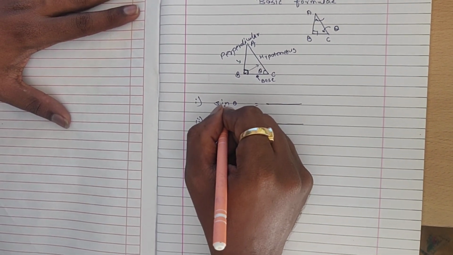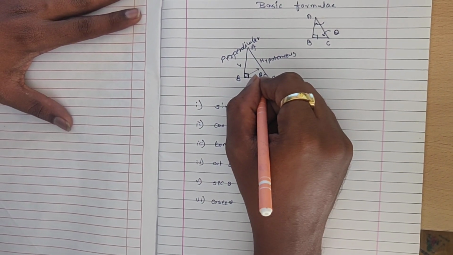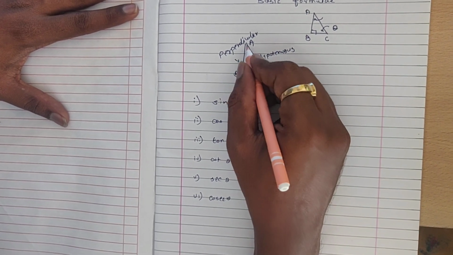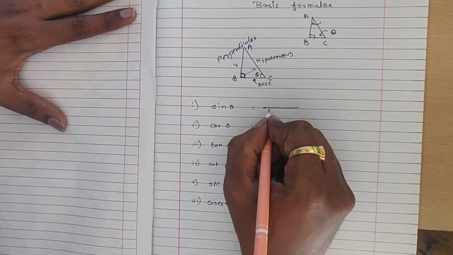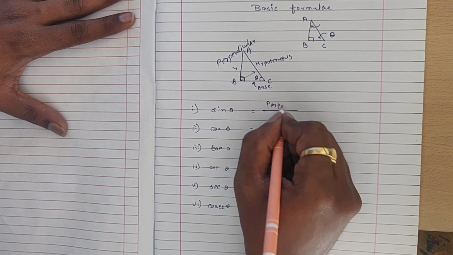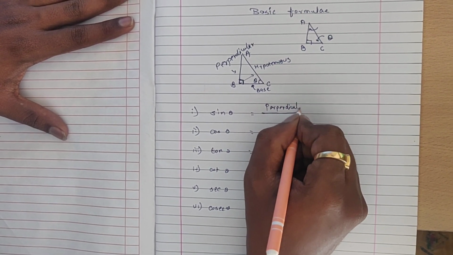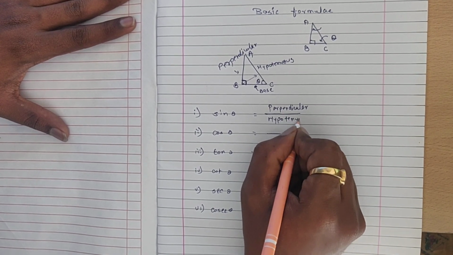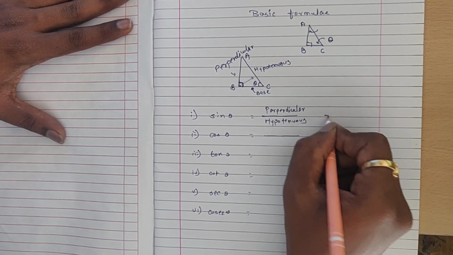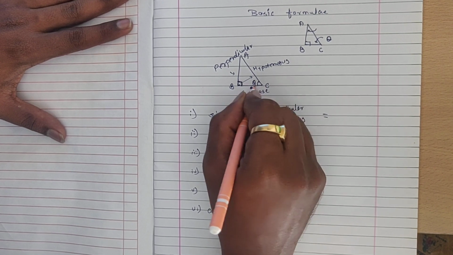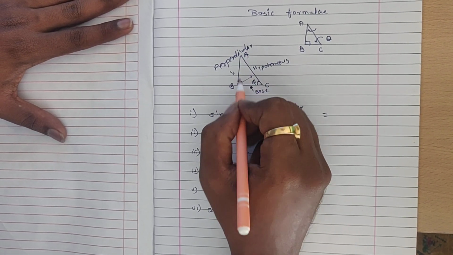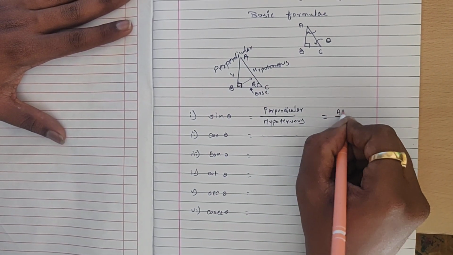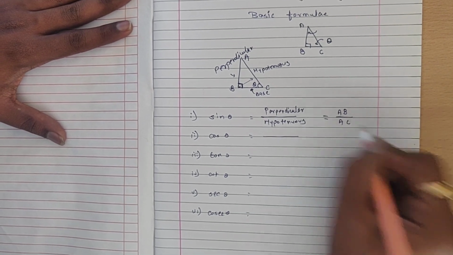Sine of theta is always the opposite side, which is perpendicular upon hypotenuse. So it is perpendicular by hypotenuse. In this triangle, for this angle C which is theta, the opposite side or perpendicular is AB and the hypotenuse is AC.